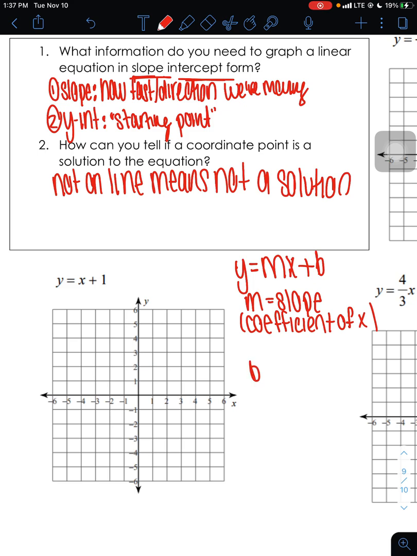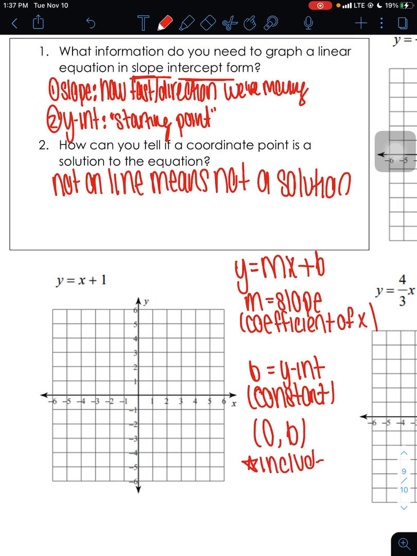And b is going to be our y-intercept. And that's just going to be the constant. And when we write that out, we're going to write it in terms of 0, b. And make sure we include the sign.